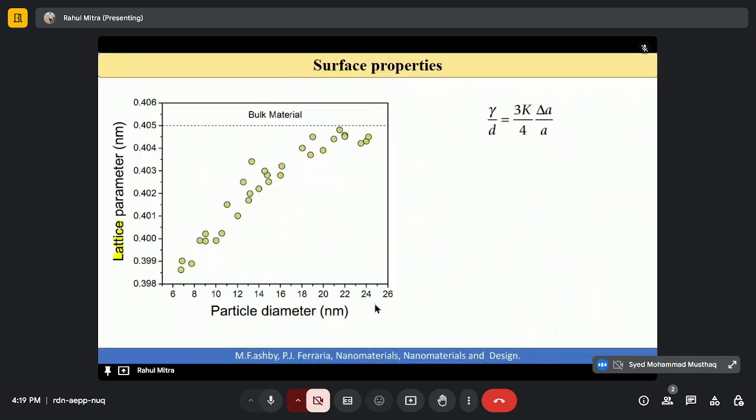After that, we have discussed how the lattice parameter of any nanoparticle depends upon its size.